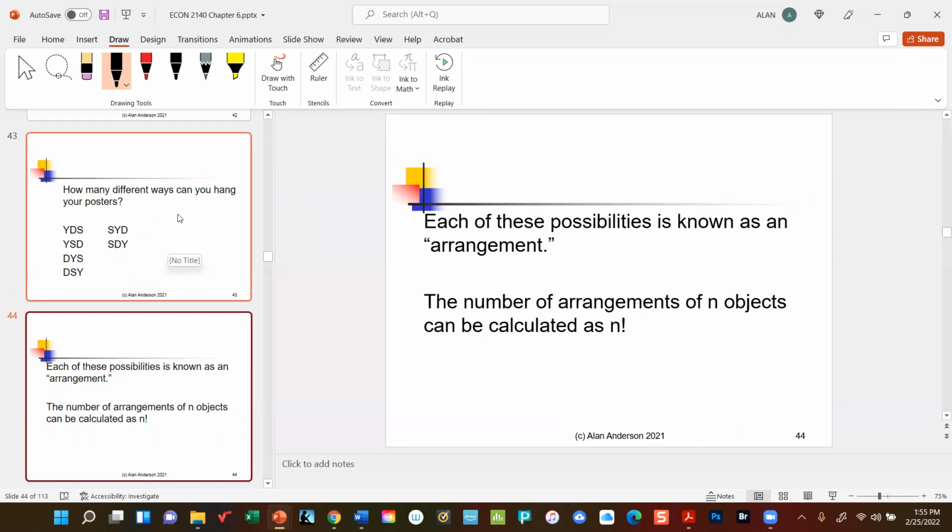Now, it turns out that the number of ways of arranging any number of objects, n, is equal to n factorial. So all of a sudden you see why this is so important.